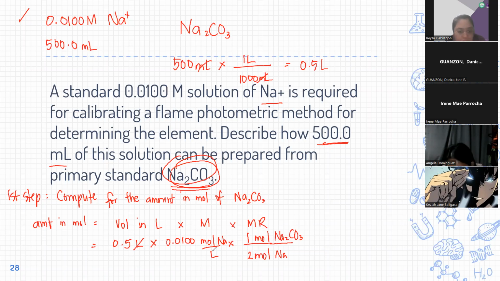So cancel the liters, cancel the moles of sodium. What remains is moles of sodium carbonate.